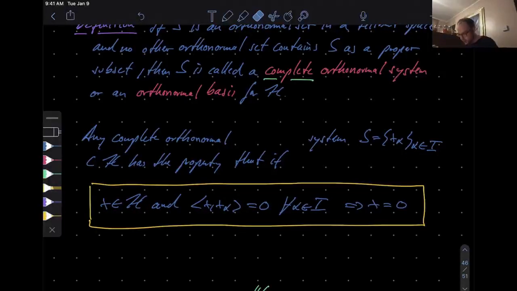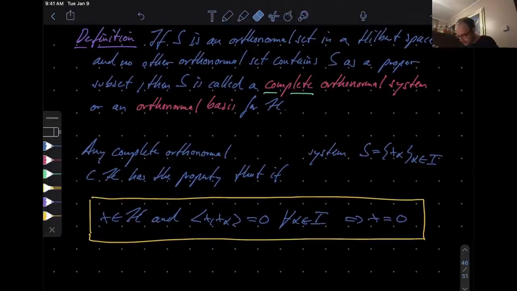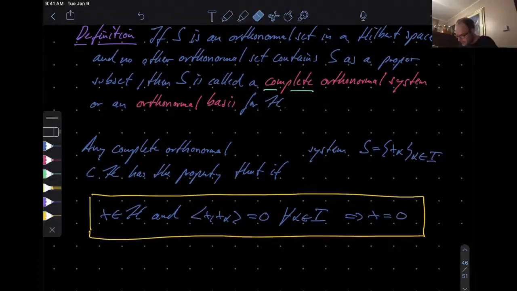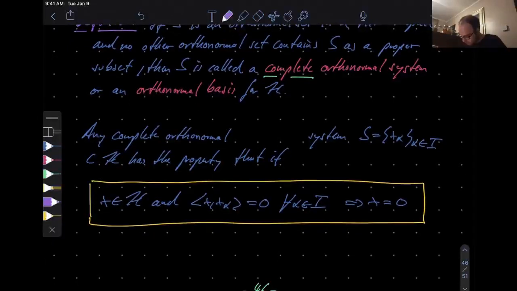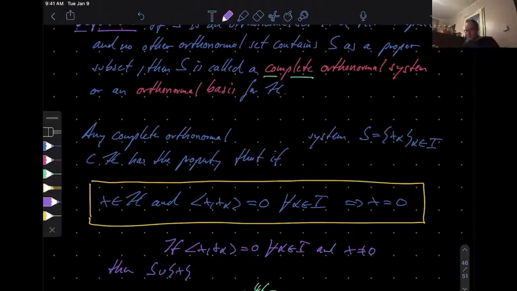Why is this true? Well, because of how it's defined up there. If, in pink, the inner product of x with x_alpha is equal to 0 for all alpha in I, and x would be different from 0, then this would be an orthonormal system that contains S properly.